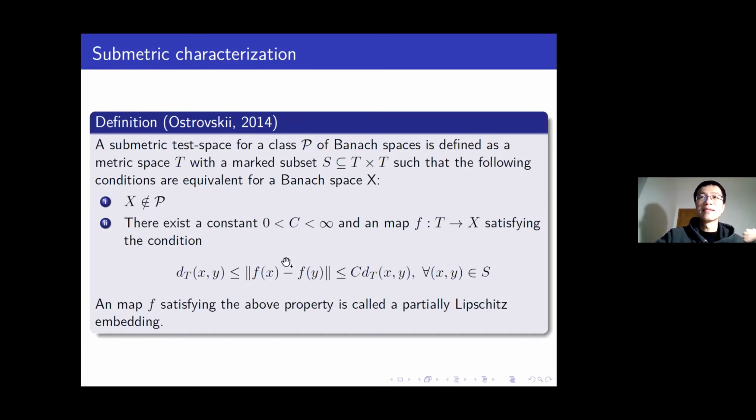Second, there exists a partial Lipschitz embedding from T into X. By partial Lipschitz embedding, it means that F satisfies the Lipschitz embedding inequalities only for certain pairs x, y in T. This inequality only holds for x, y in a certain subset S of T times T. So this is the definition of a submetric characterization.